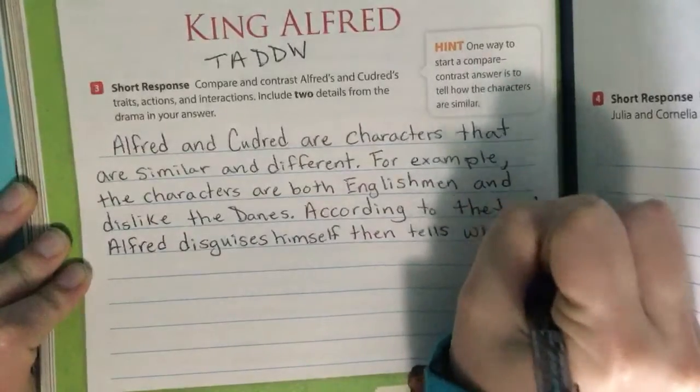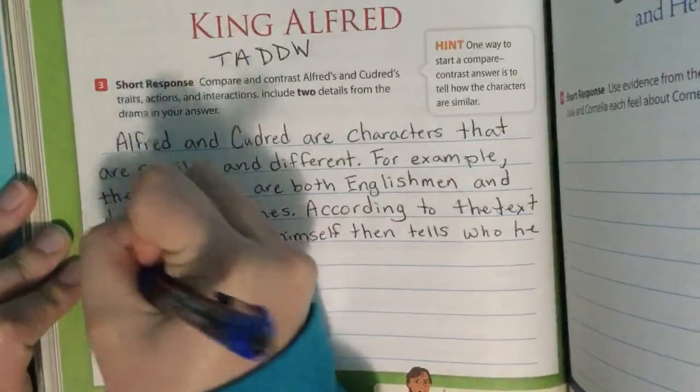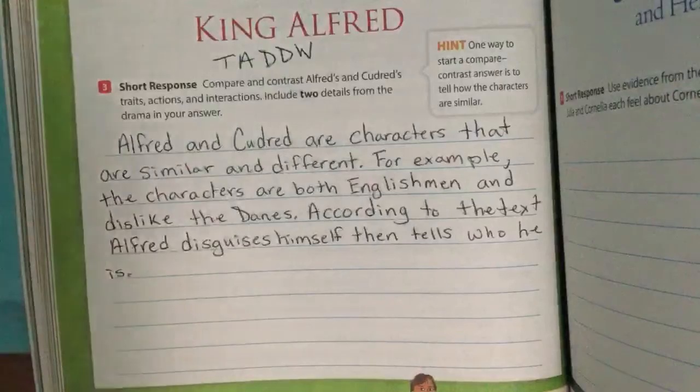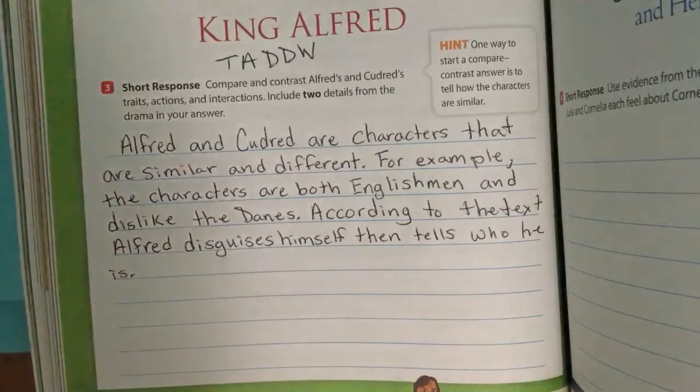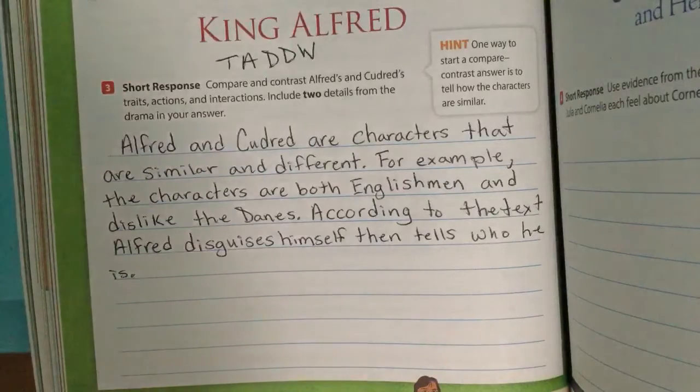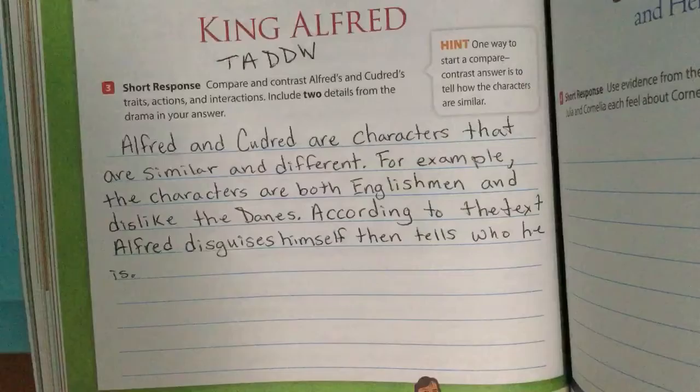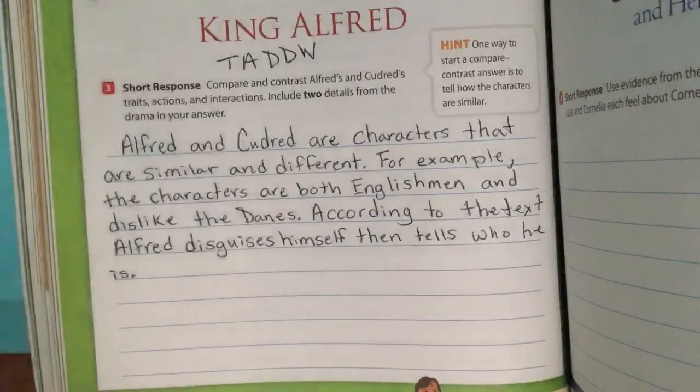Okay. Now you might be saying, Ms. Testa, I'm done because I gave 2 details. Yes, but did we fully answer the question? No, because when you're doing a difference, you have to include the other person. You can't just say how the one was different. So let's say how Cudred was different. Okay?